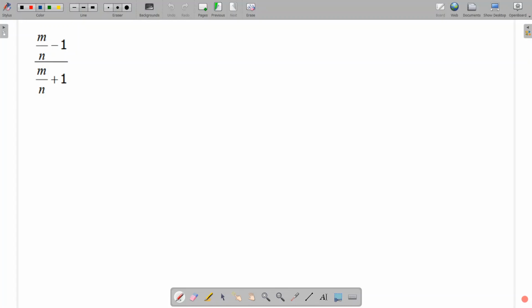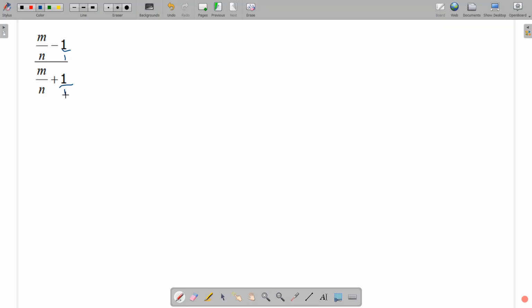All right, so for this one, the numerator and the denominator both need combined into a single fraction. Now, this one's not too bad because the numbers that I have here are just ones, which are going to make it a lot easier to combine, because I can think of 1 as 1 over 1, like we did in the previous problem.